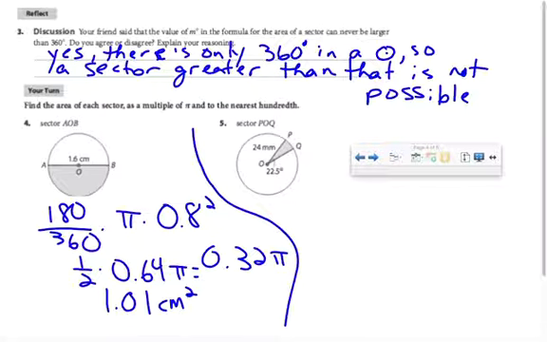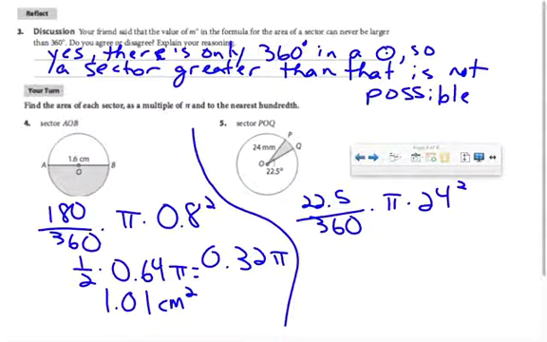In number 5, 22.5 over 360 times pi times 24 squared. 22.5 over 360 is 1/16.